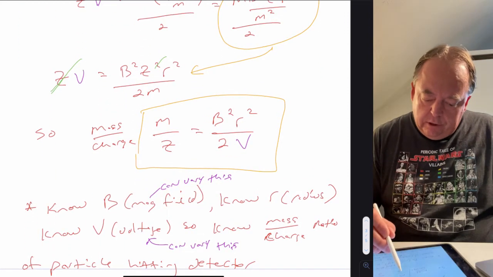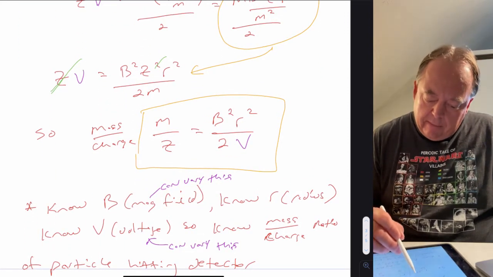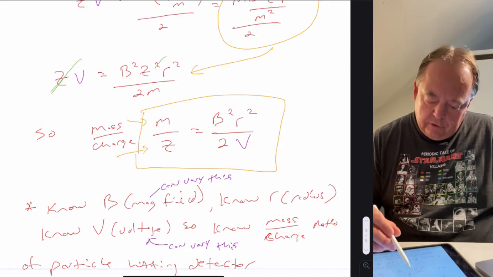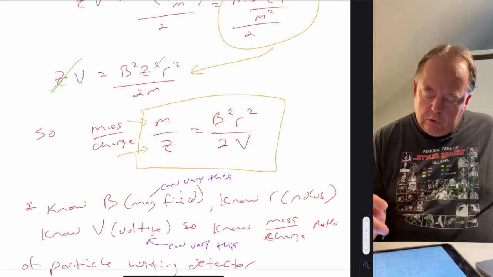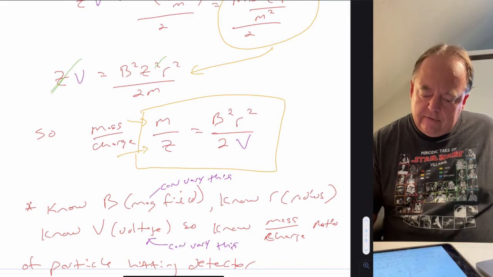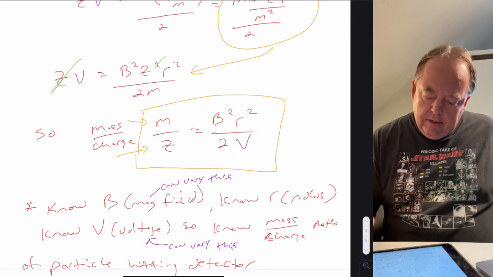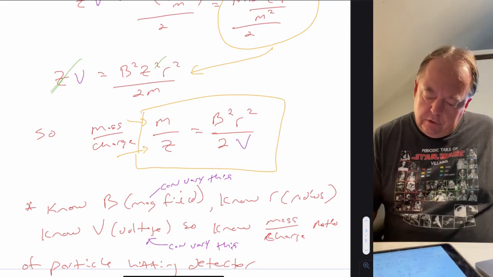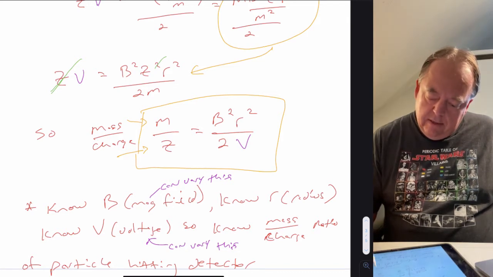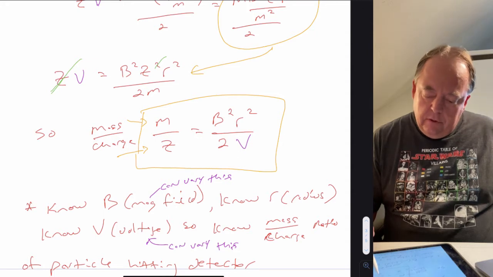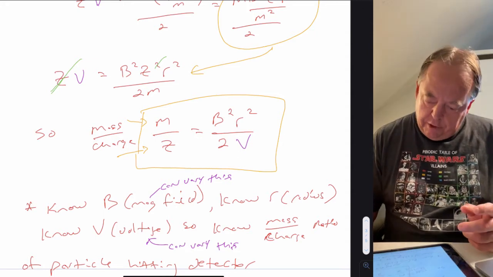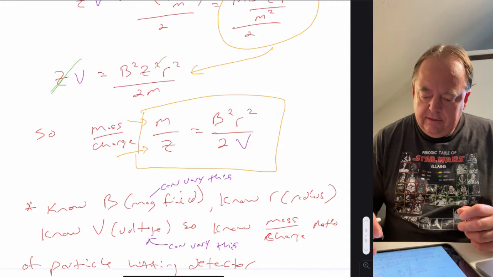And then if we rearrange this equation so that we have mass on top and charge on bottom, we get the mass to charge ratio, which is what's plotted on the horizontal axis of a mass spectrometer output. The mass to charge ratio is equal to the magnetic field strength squared times the radius squared, divided by the voltage. You know the magnetic field strength and you can vary that. You know the radius, you can't vary that.